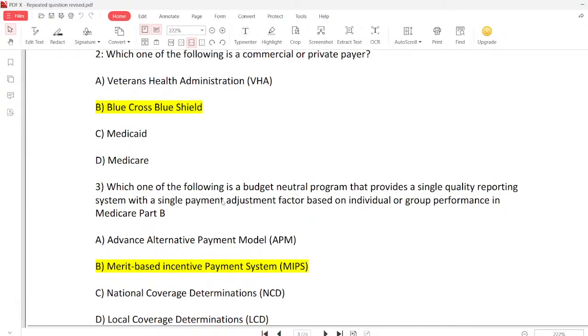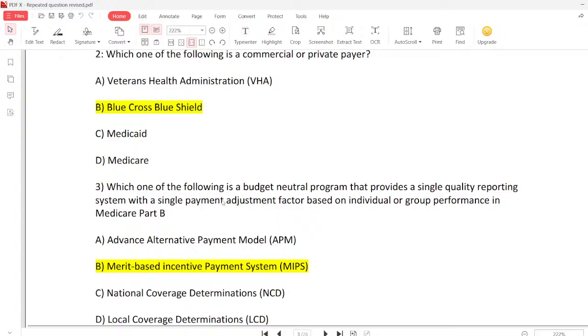And third one, which one of the following is a budget neutral program that provides a single quality reporting system with a single payment adjustment factor based on individual or group performance in Medicare Part B?